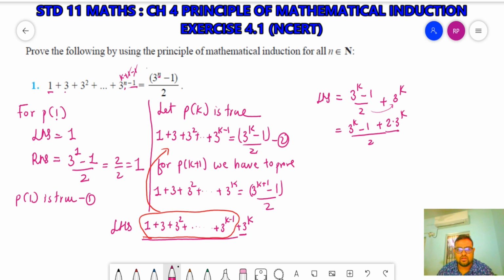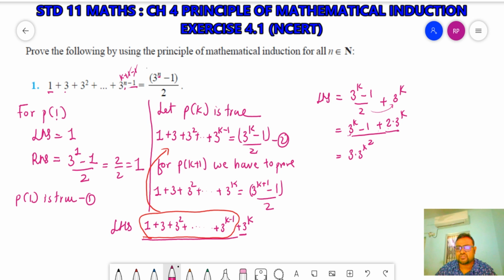Okay, clear? So see here, what I can get, 3 raised to k plus 2 into 3 raised to k. So this will be equal to 3 raised to k plus 2 into 3 raised to k, which means 3 into 3 raised to k. It's just like x plus 2x, 3x.